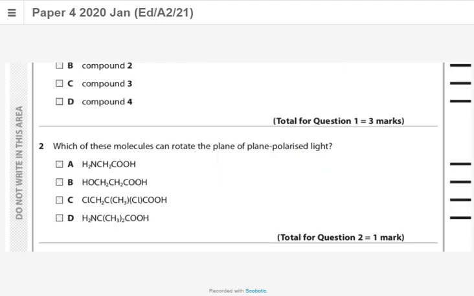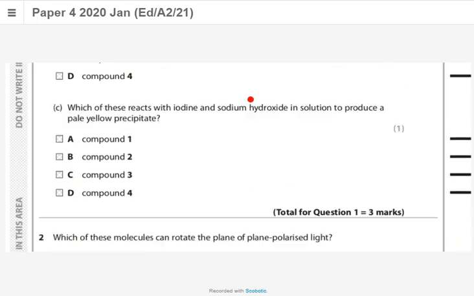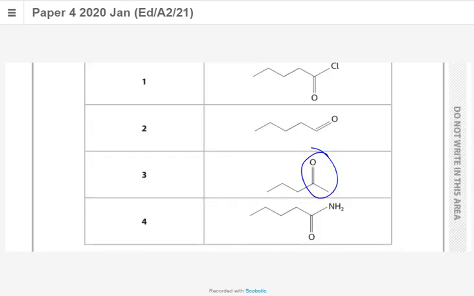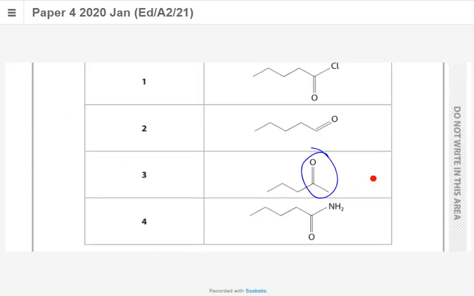So this produces a yellow precipitate, right? Therefore, the answer is the third molecule. This is a ketone, which is 1, 2, 3, 4, 5. Pentan-2-one. Ketone.